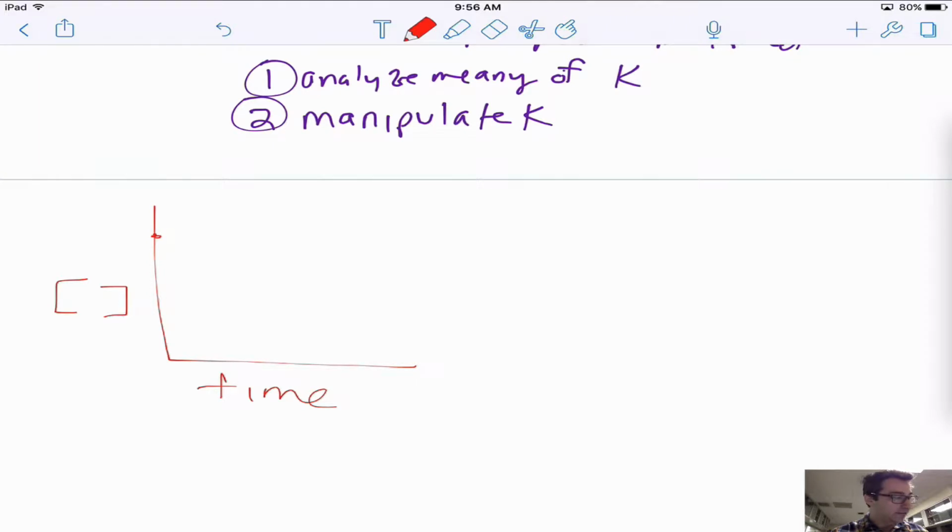And the products will start where there's none of them, so the products will start down here. And over time, what happens is the reactants get used up and you'll get the reactants leveling off. The products will increase over time, and those will also level off.